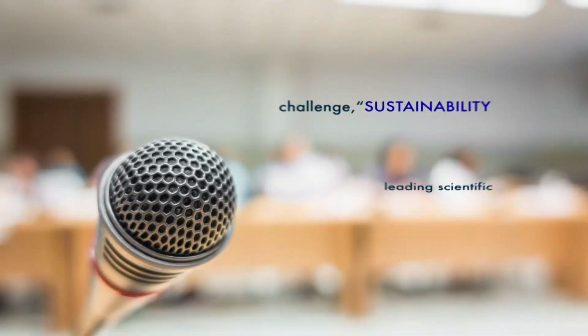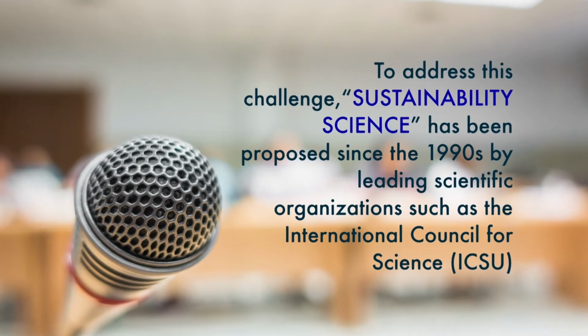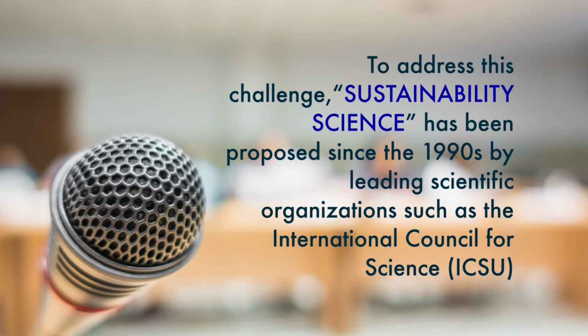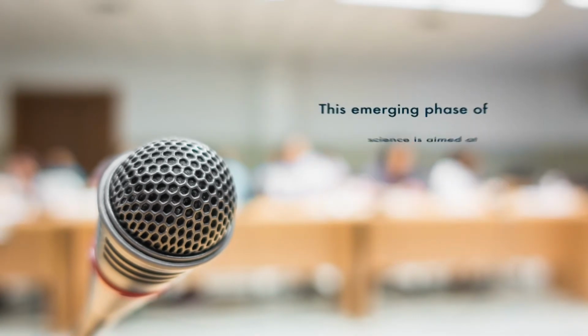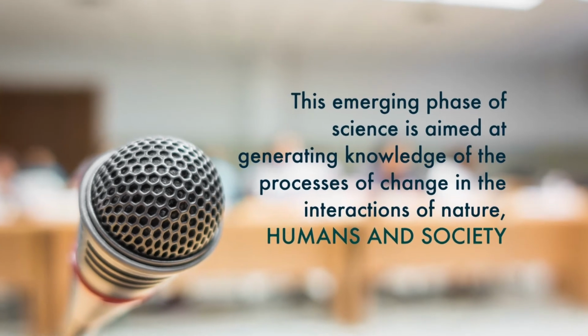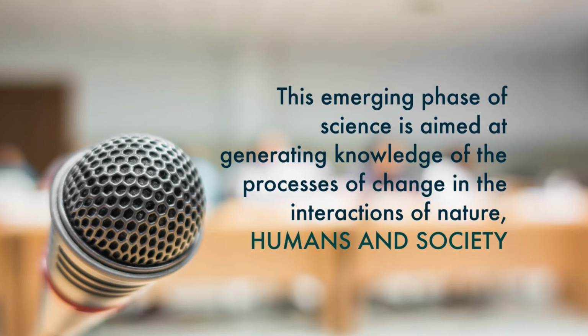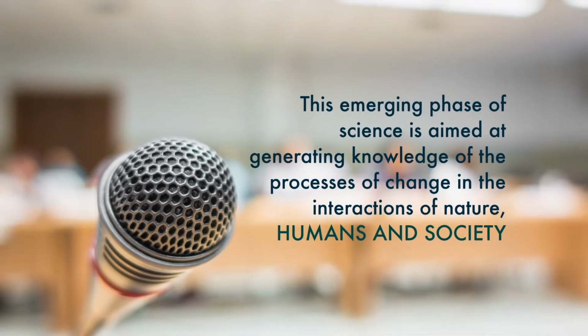So to address all these challenges, sustainability science was proposed, as I mentioned, in the 1990s by the ICSU, the International Council for Science. This emergent phase of science basically aimed at generating knowledge of the processes of change in the interaction of nature, human, and society.